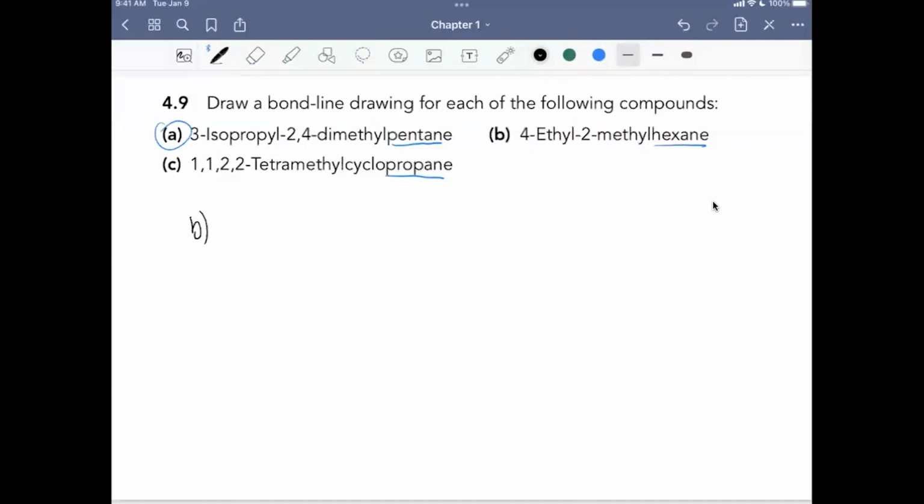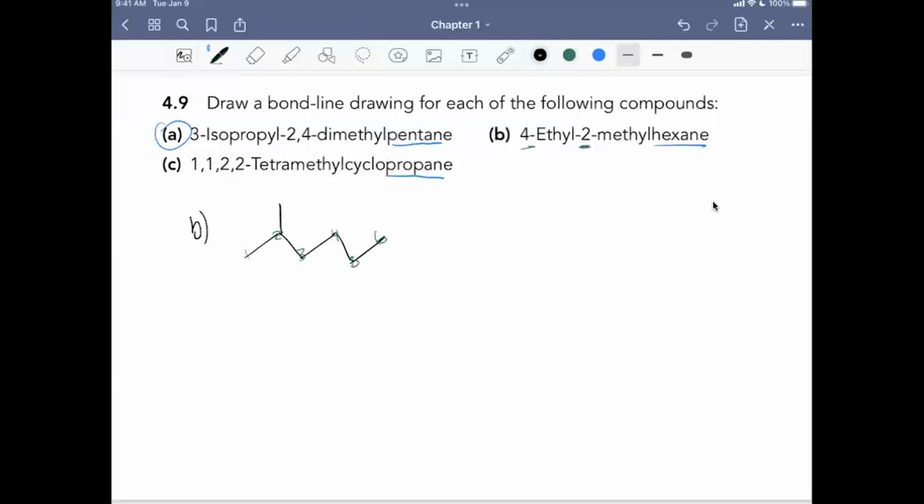Let's look at B. Let's see, our parent is a hexane, so that's 6 carbons. We have 1, 2, 3, 4, 5, 6. Let's look at the substituents. We have a 2-methyl. So on our 2, we should have a methyl. And on our 4, we should have an ethyl.